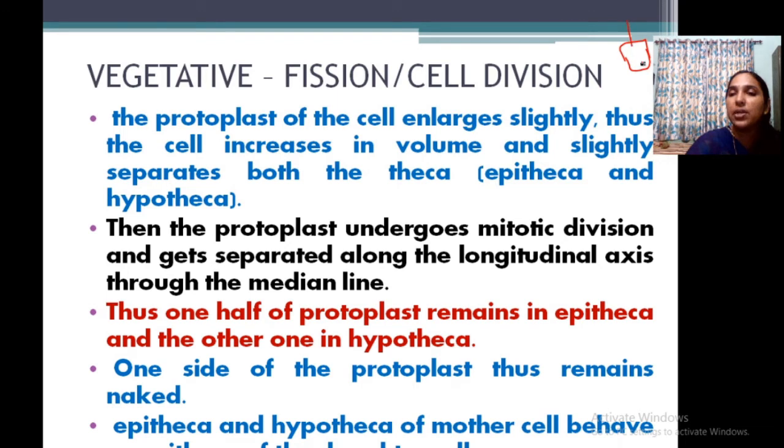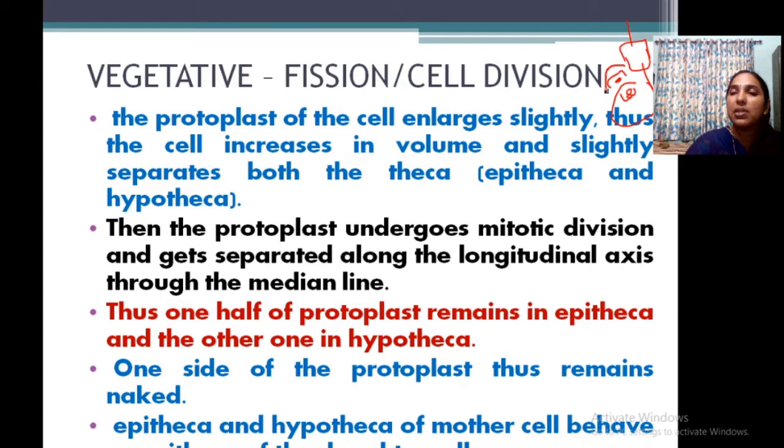These move apart, these move apart. Okay. So this is separated and forms like this. Its protoplasm divides, here also a small portion of protoplasm divides. Now this is the new one, this is the new one. Then from this new cell another is produced. While forming the new cell, the mother cell behaves as epitheca. So this is the mother cell now, and this behaves as epitheca.